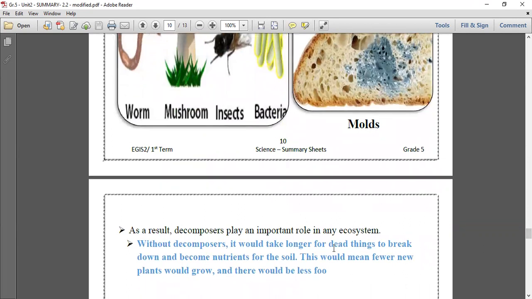As a result, decomposers play an important role in any ecosystem because without decomposers, it would take longer for things to break down and become nutrients for the soil. And this would mean fewer new plants would grow, and this would mean there would be less food for other animals. And this is the end of our part for today.